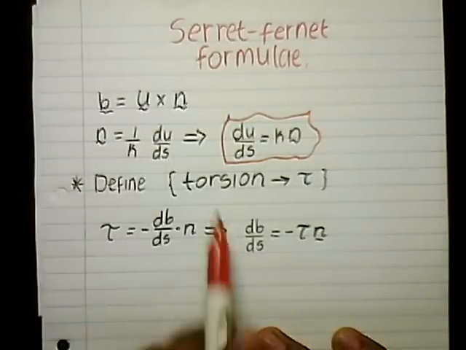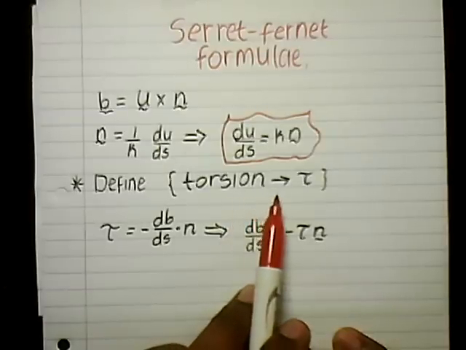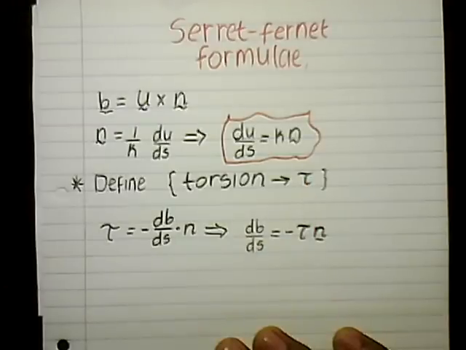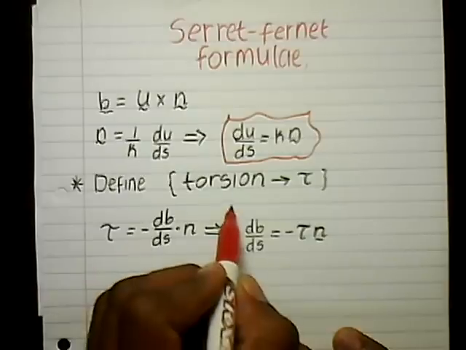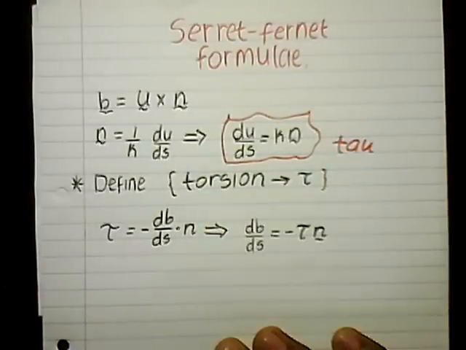So here is torsion. Let's represent torsion by this symbol here. This symbol is called tau, but it's written as something like this.